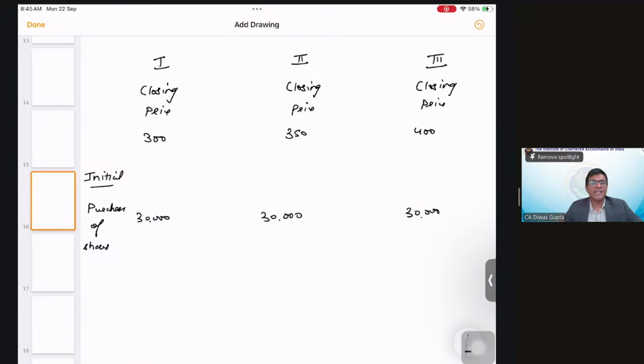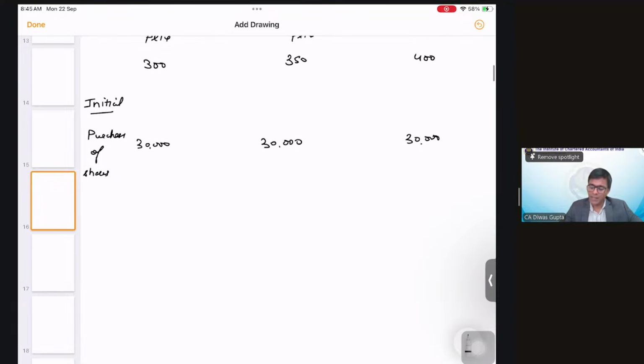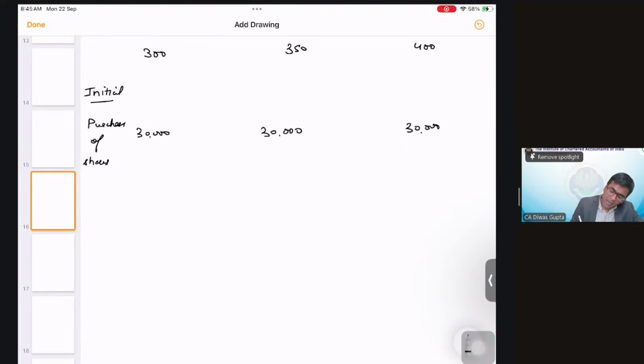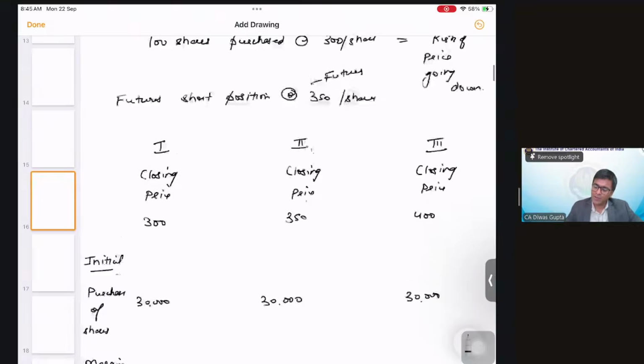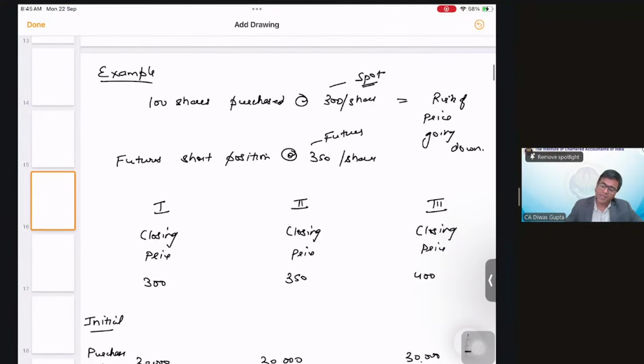In this case, first of all, the initial purchase will be at 300 rupees, and hence 30,000 will be the cash outflow. You will also end up paying margin for short selling, because futures involve margin.